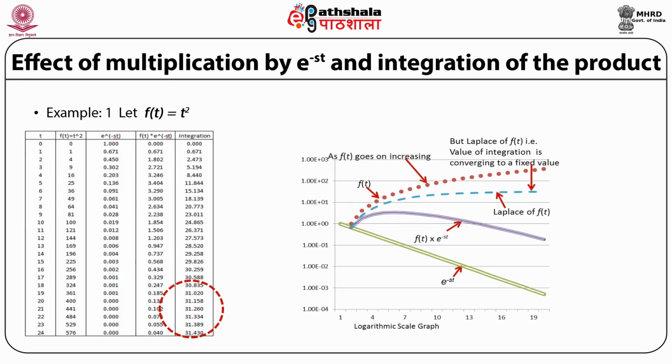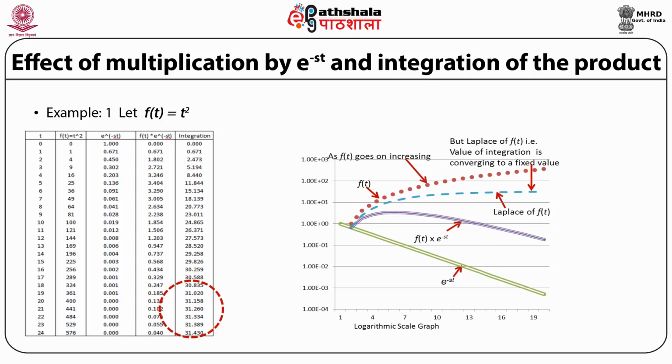We are going to see graphically how it is different. What I have done is, on the graph, I have made the y-axis a logarithmic scale so that you can see it; otherwise it's not very clear. Now we are seeing a violet line. That is f of t into e power minus st. How does e power minus st look?